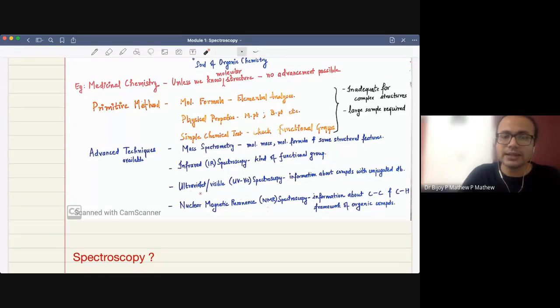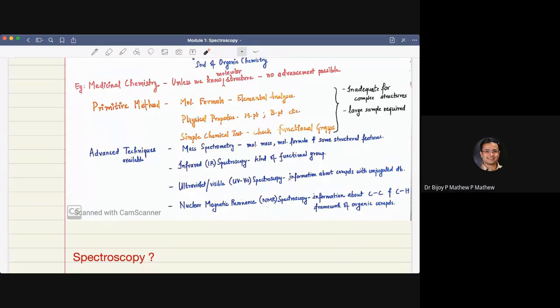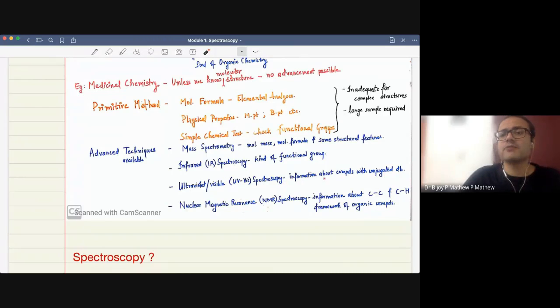Now, another important technique is ultraviolet or visible spectroscopy. This particular technique is useful when you have conjugated double bonds present in your molecule. Aromatic compounds contain conjugated double bonds, and so do compounds like dienes with the double bonds conjugated to each other.